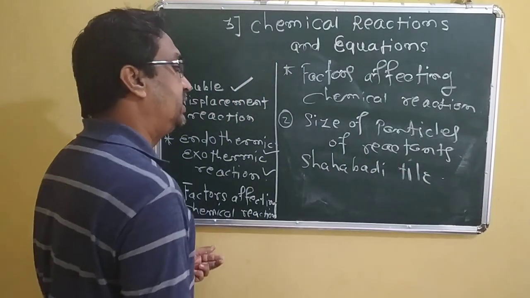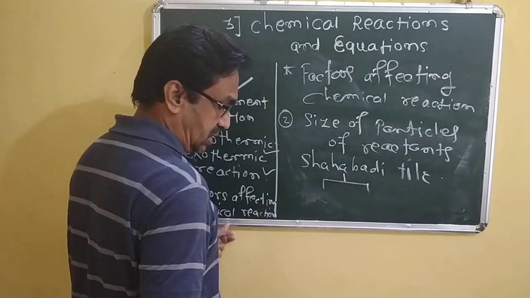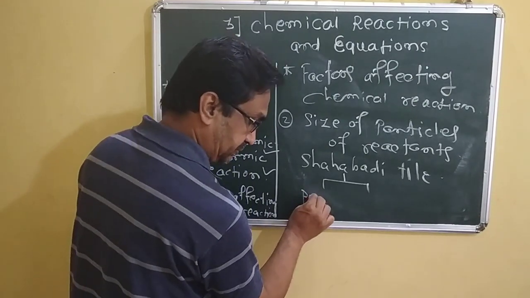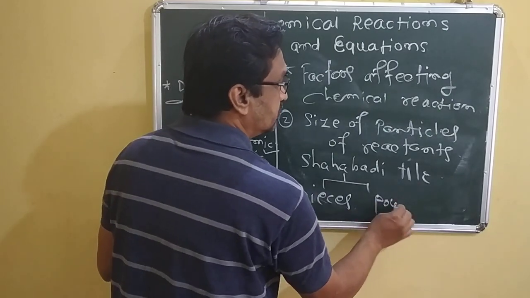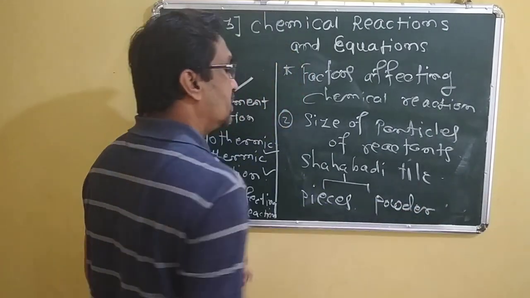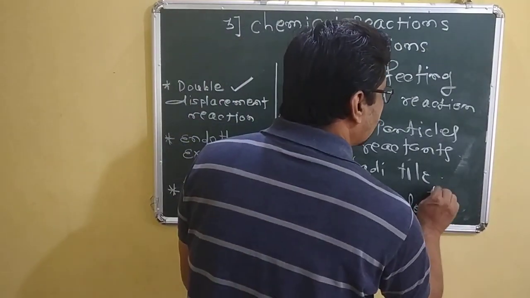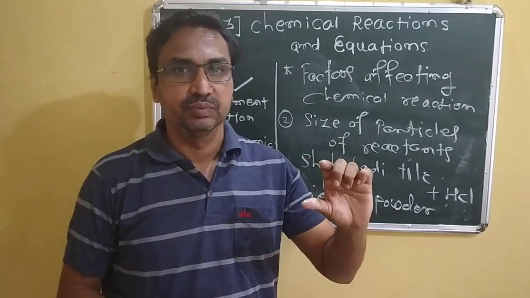For Shahabadi tiles, we can choose one of the pieces, and here, powder. Shahabadi tile reacts with HCl. So we take two test tubes.